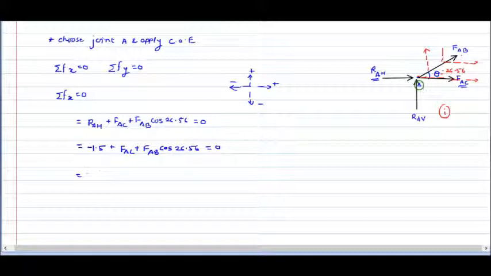Rearranging this equation, force in member AC plus force in member AB cos of 26.56 equals 1.5, as the minus 1.5 moves to this side. So this is our first equation.